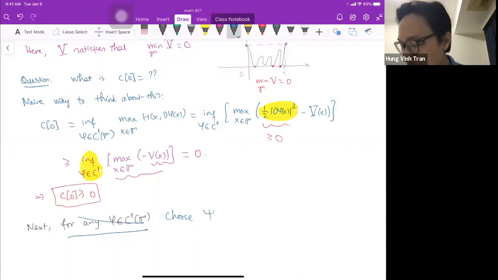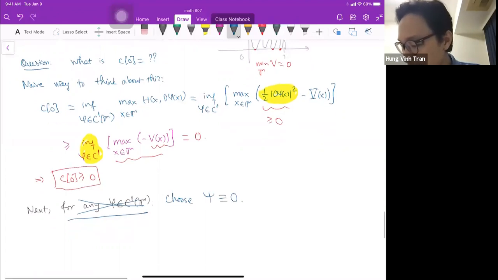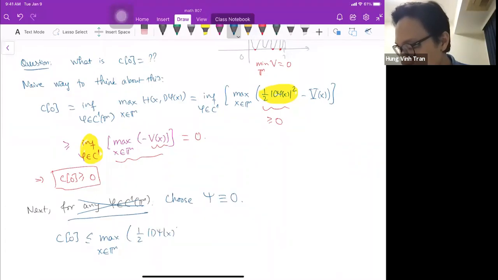I'm not taking any phi, because I can choose it. So I choose it to be exactly the constant function 0. Then we would have that C naught should be less than or equal to exactly max of x in the torus of 1/2 d phi x squared minus v of x.